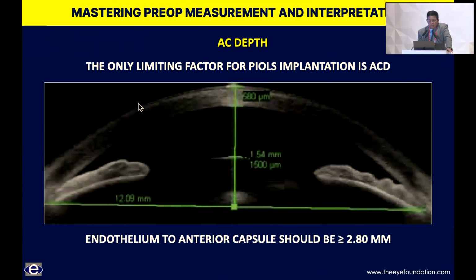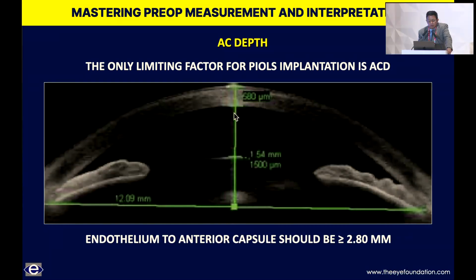And this is the most important factor in the sense that endothelium to the anterior capsule has to be at least 2.8 millimeters. But this was a dogma that was created in the minds of people. Initially, Starr used to say it should be nothing less than 3 millimeters, though we went ahead and used 2.8 millimeter. But today we are trying to stretch the limits.